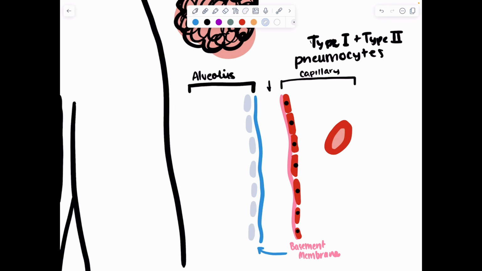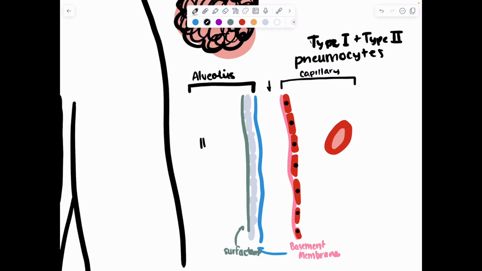So in this, we're going to have our epithelial cells, but we're also going to have some pneumocytes. One of the types is going to create a mucus layer or a fluid layer that helps moisten the lungs. And the thing that it creates is called surfactant. We need to have moisture in order to have oxygen exchange.